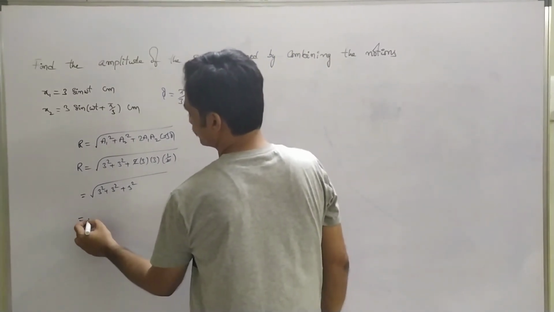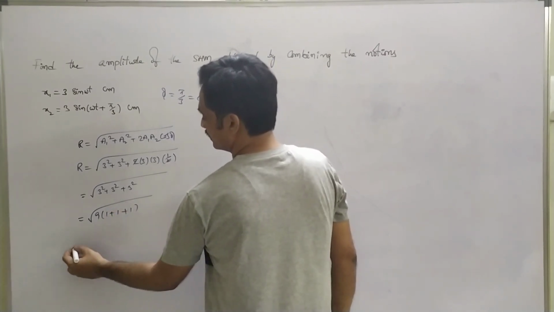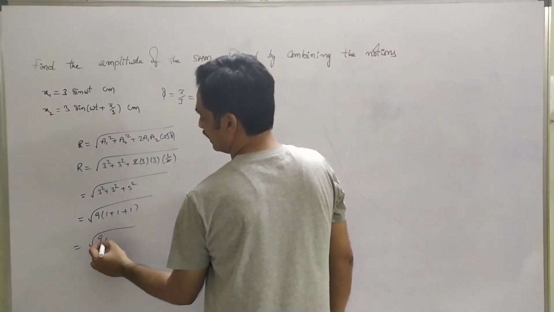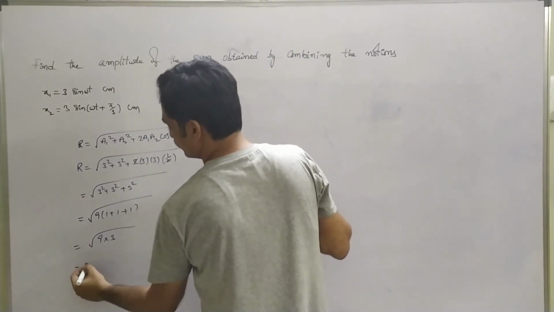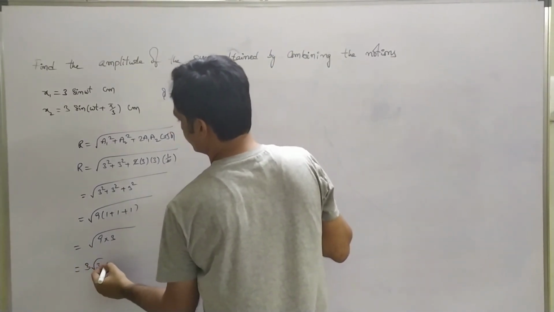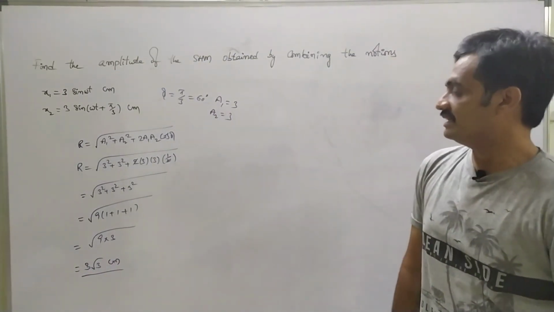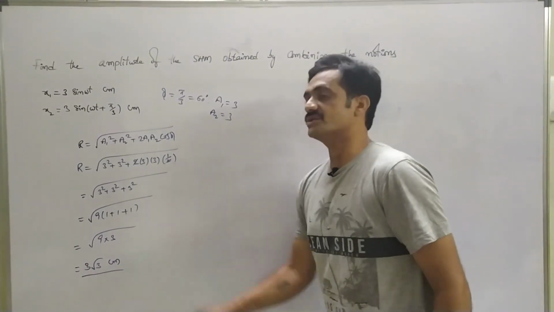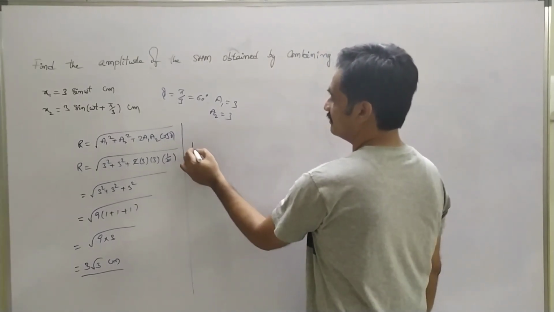As we take 9 as common, we have 1 plus 1 plus 1, nothing but under root of 9 into 3, where we know that under root of 9 is 3, so we can represent it as 3 root 3 centimeters.